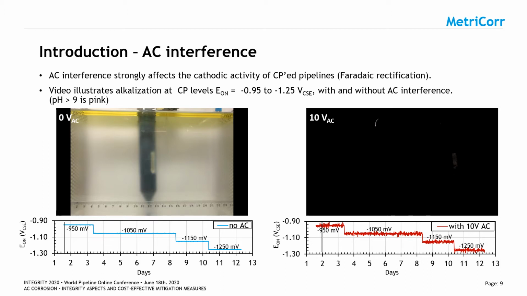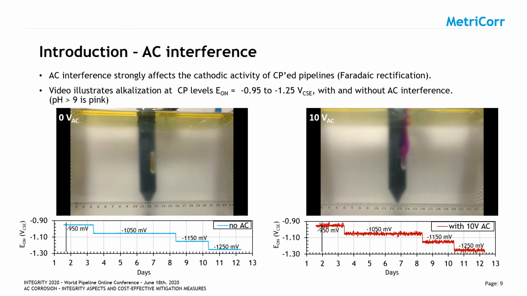A pH indicator has been added to this solution to show when it exceeds a pH of 9. Now, following the timeline at the bottom, we can see that at 950 there's a small pink coloration on both surfaces. When we go to 1050, it gets more pink on the left-hand side.